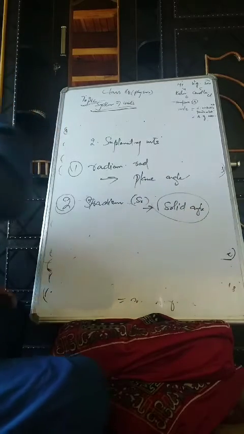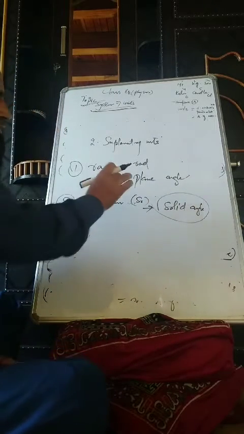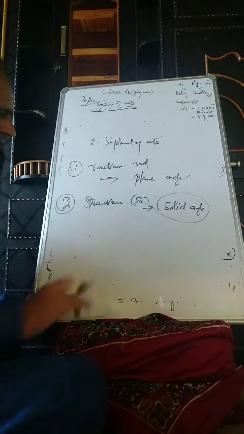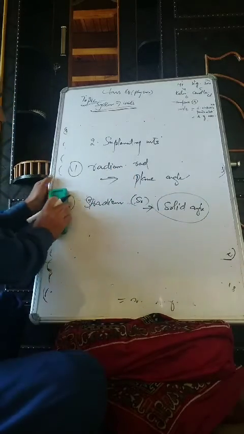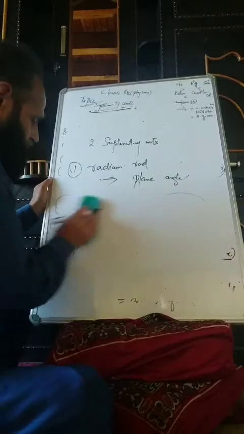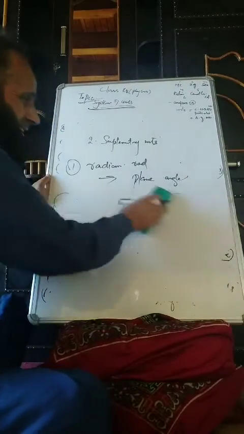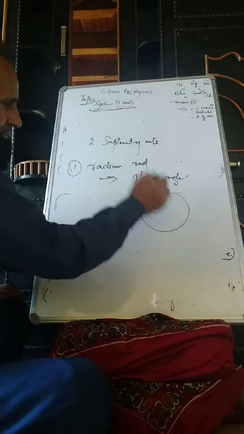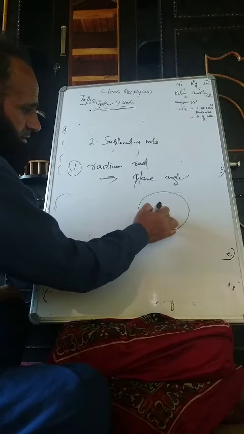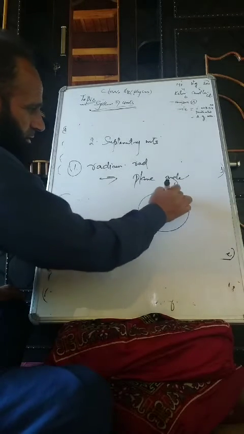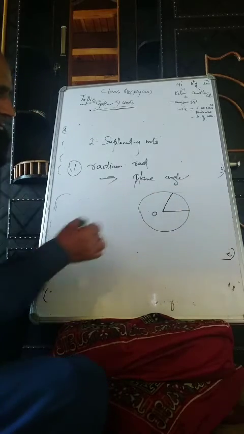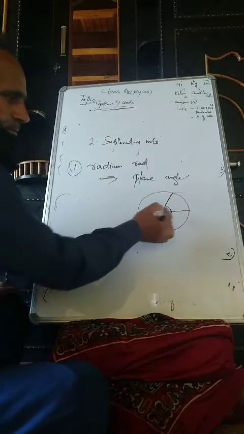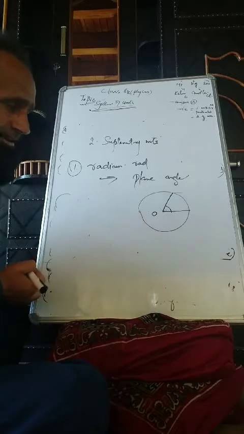What is a plane angle and what is a solid angle? We must know this. For a plane angle, for example, we make a circle here. Let it be center O, radius R. We make this angle in radians.